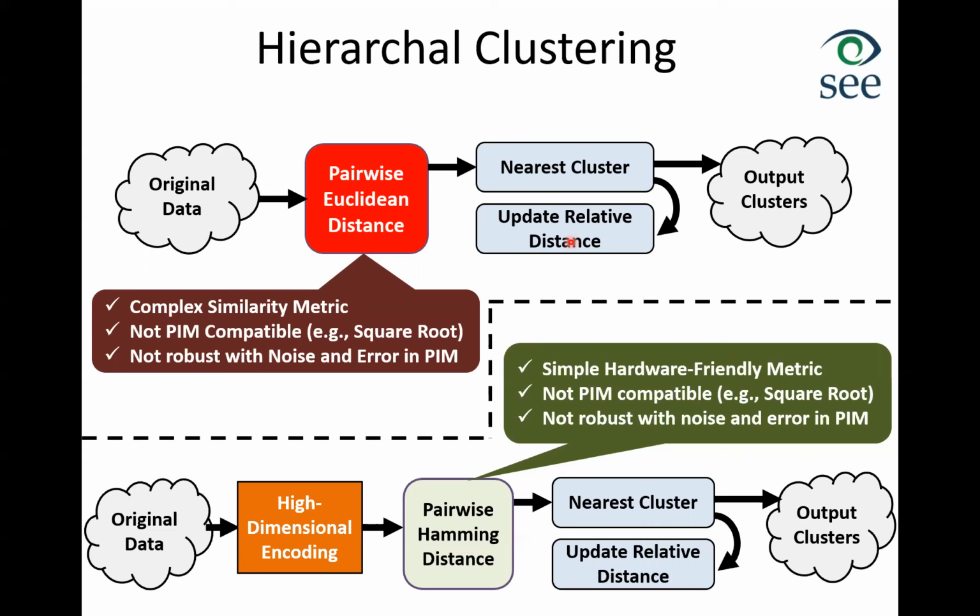So clustering can be significantly more robust, even if we lose some dimensions because of hardware failure, which often happens because of noise in existing hardware. Also, this encoding mathematically maps data points to another space where the similarity metric is preserved using simple Hamming distance computation, rather than a complex similarity metric that cannot be supported by emerging hardware like processing in memory.